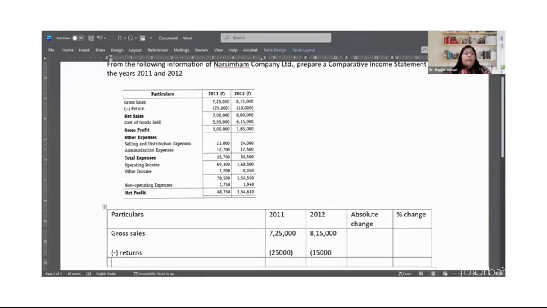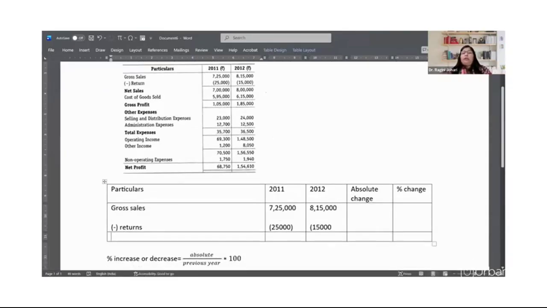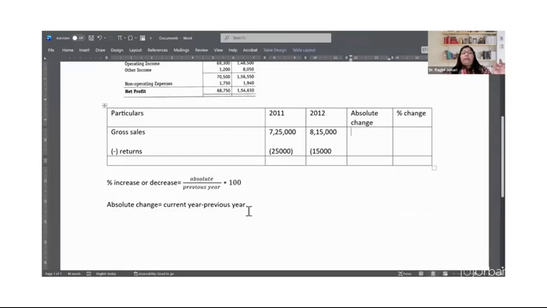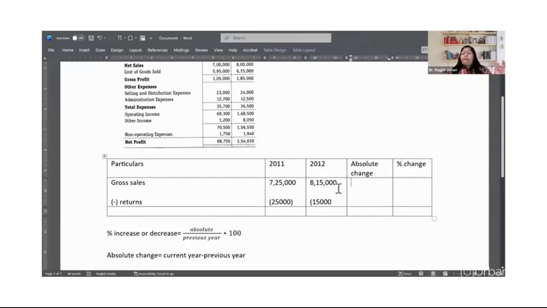I'm just posting the data right now. Then we can do the absolute change also. Absolute change in this case will be current year minus previous year, that is 8,15,000 minus 7,25,000. This amount comes to 90,000.